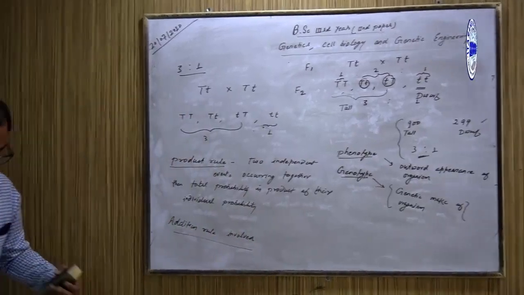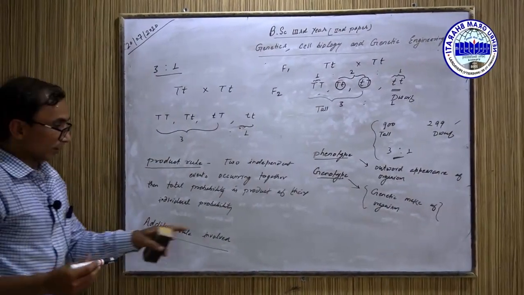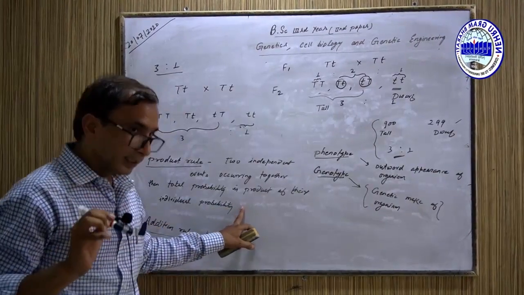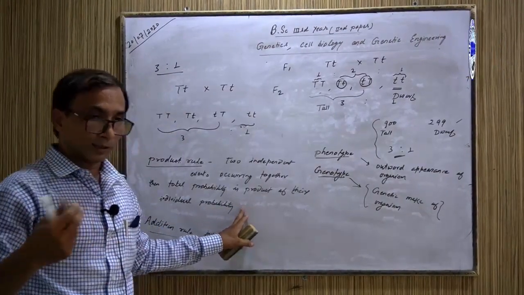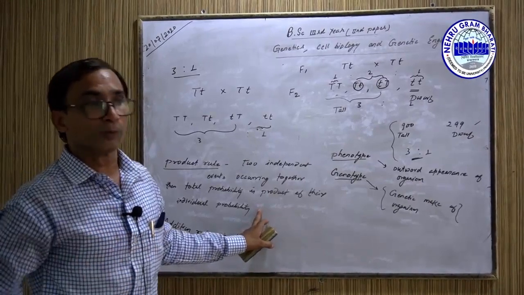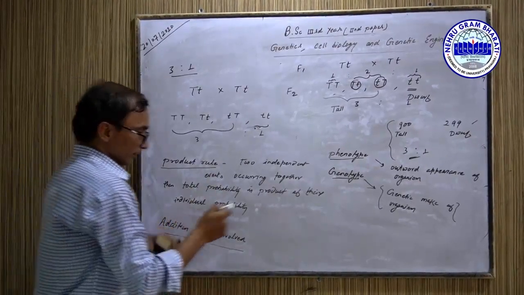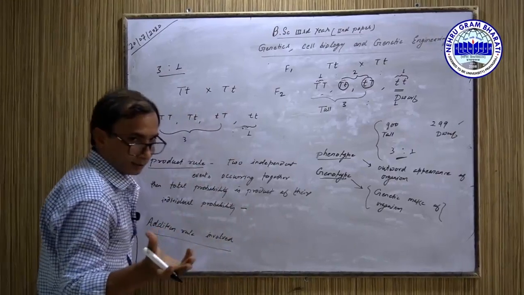Suppose, what is the probability that in a family the first baby will be a girl and the second baby will also be a girl? So let us look: what are the two events in a row?